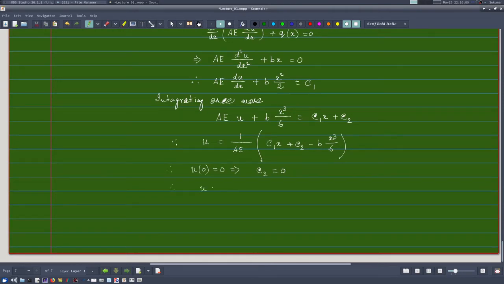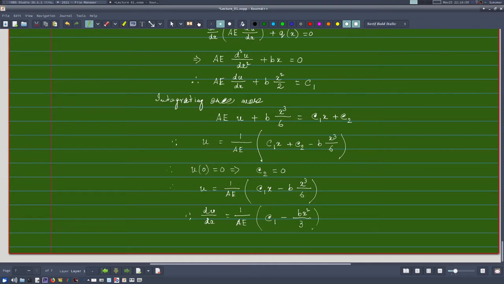So let me write u is equal to 1 upon AE into C1x minus bx cubed by 6, and therefore what is my du/dx? du/dx will be 1 upon AE into C1 minus, this will be three times x squared, so it will be bx squared by 2, right?